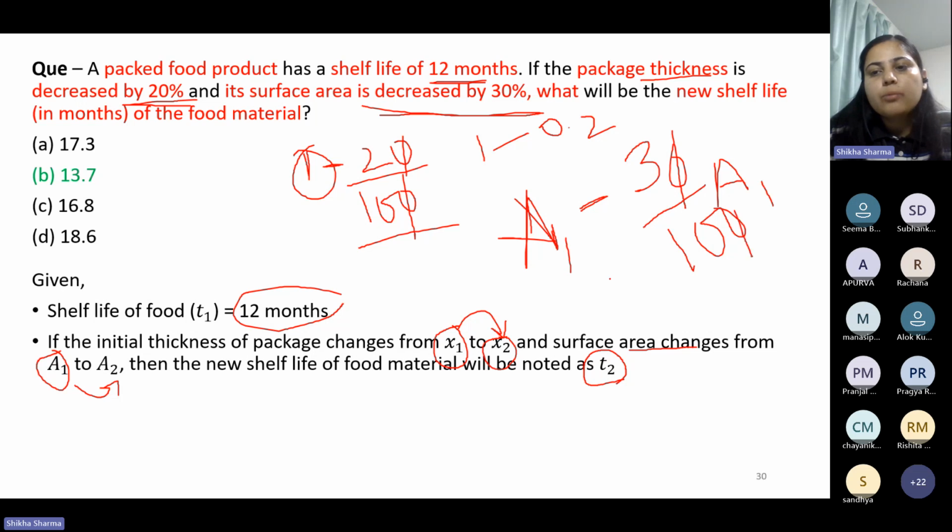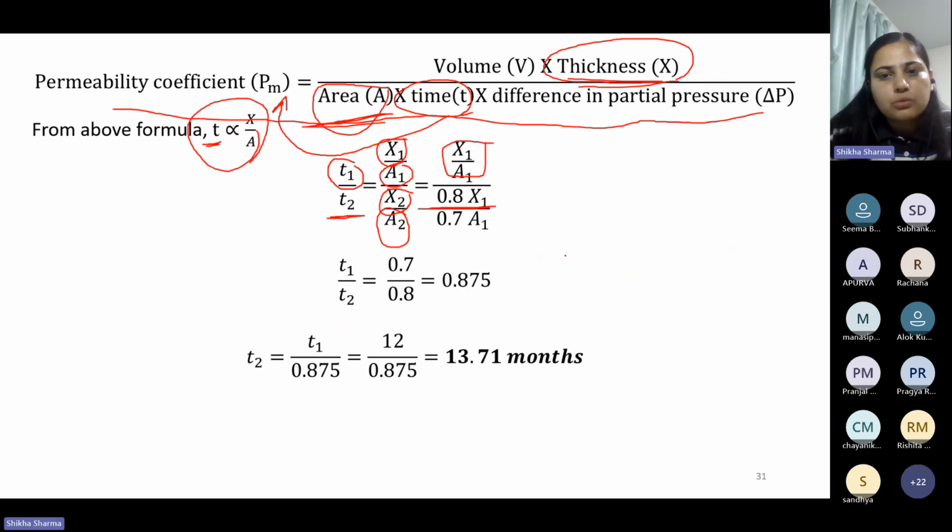So 1 minus 0.3 is 0.7 of A1 left. So the area is 0.7 A1.